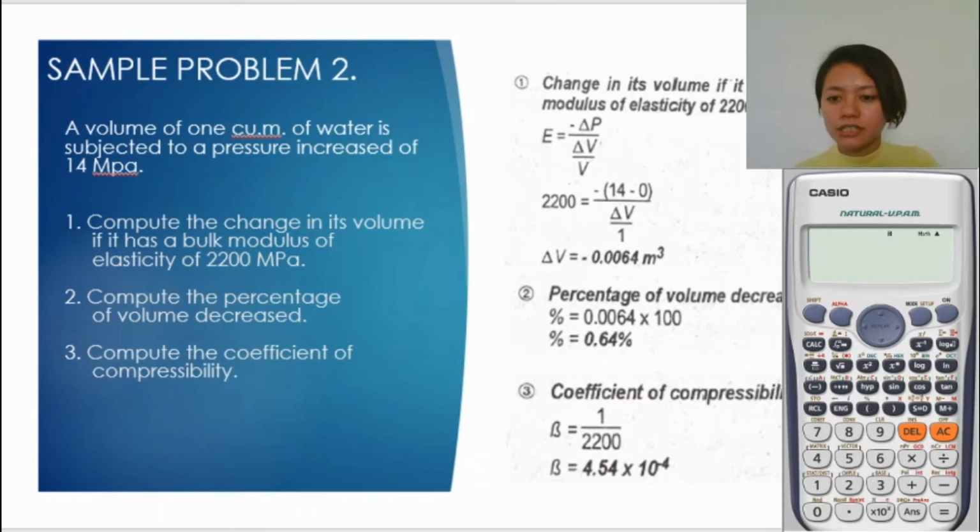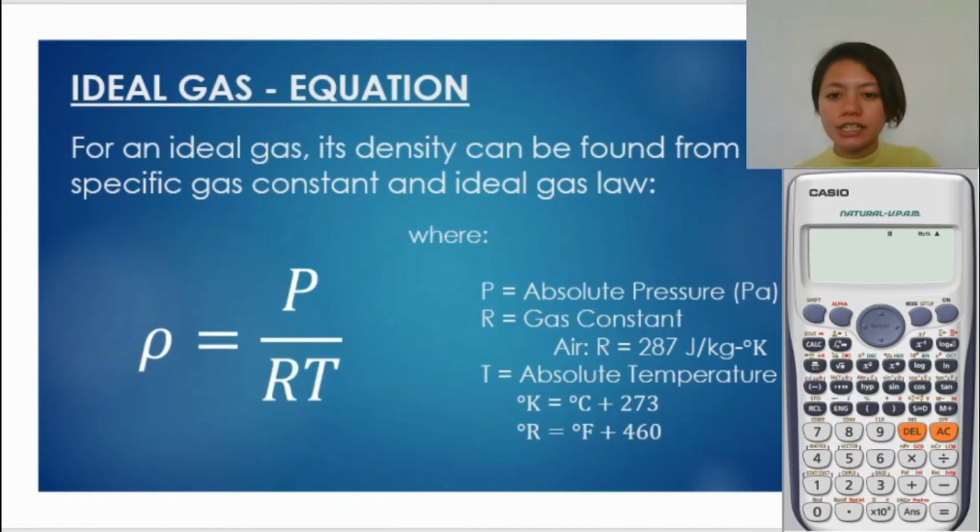So let's proceed to the next topic. We have here the ideal gas equation. For an ideal gas, its density can be found from the specific gas constant and the ideal gas law. So this is for gases only.